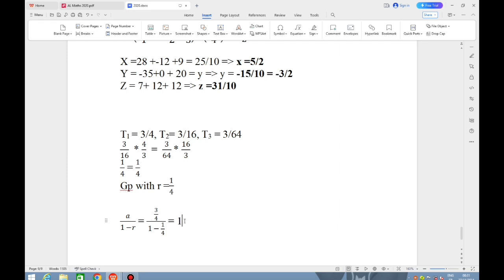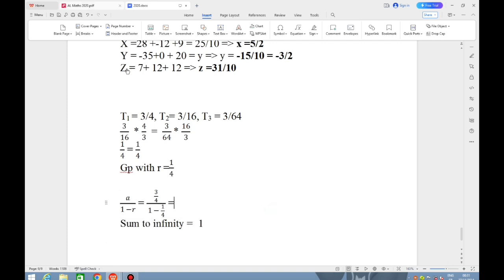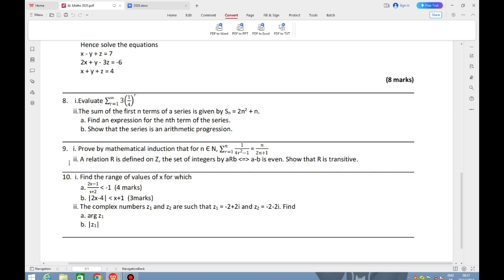So the sum to infinity is equal to 1. That's the answer for question 8, Roman 1.